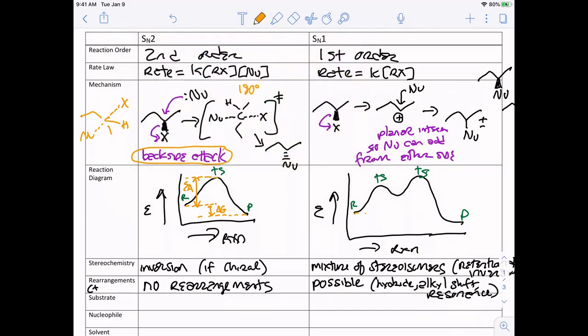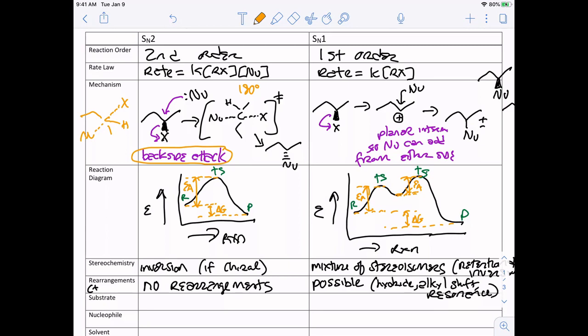So I have 2 activation energies on this one, for my first step and then one for my second step. And then my overall energy change is still the difference between reactants and products. When you draw it, and I almost goofed this one up, make sure that your first activation energy is bigger than your second, right?